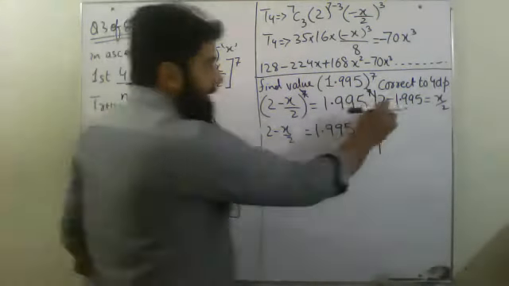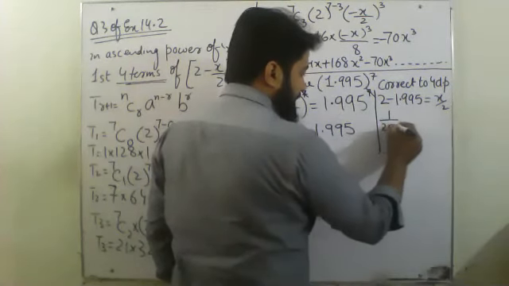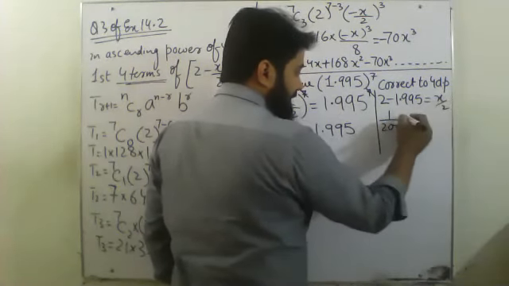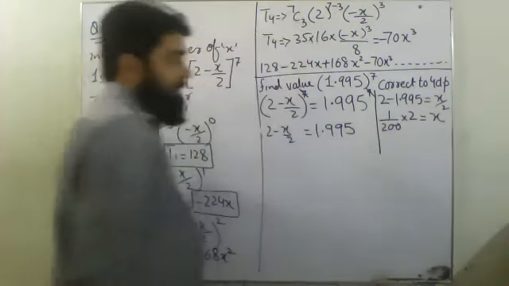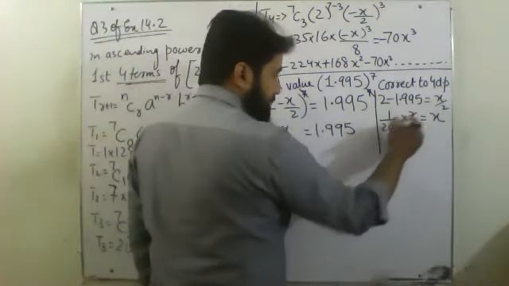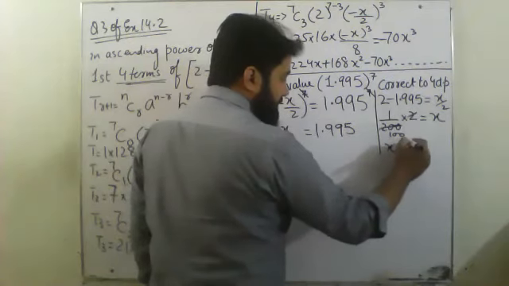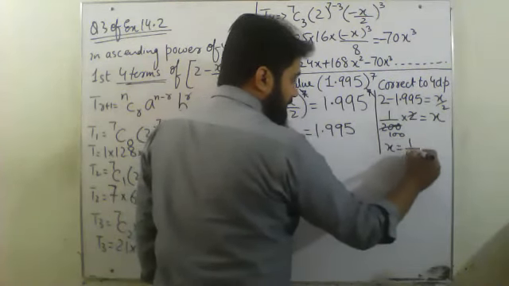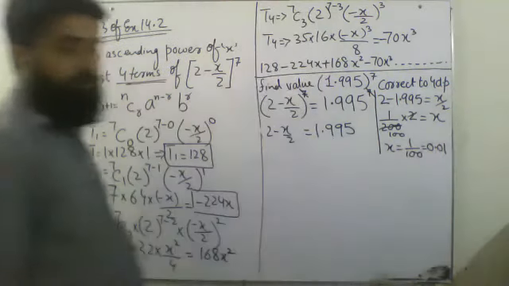So 2 minus 1.995, the result is coming 1 over 200. This 2 is being divided, so when I shift it over here, it will be multiplied. Simplifying it, 200. So the value of x is coming 1 over 100, or 0.01.